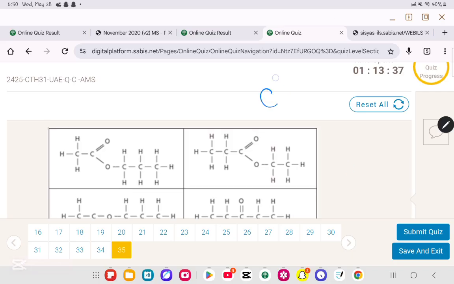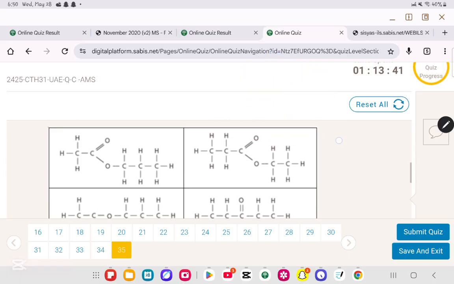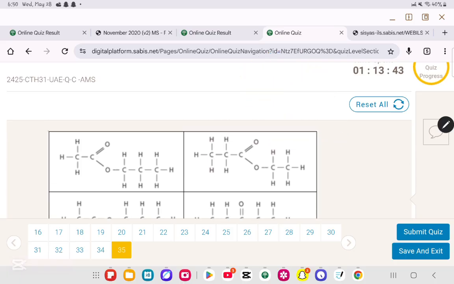Remember, the ester bond looks like this. When you find this, that means you found the ester bond. So the acid has 3 carbons, then the ester bond, and then the 2 carbons from the alcohol.